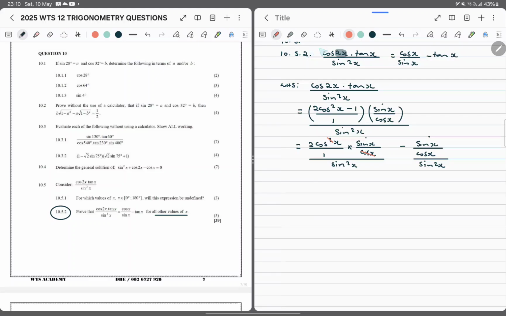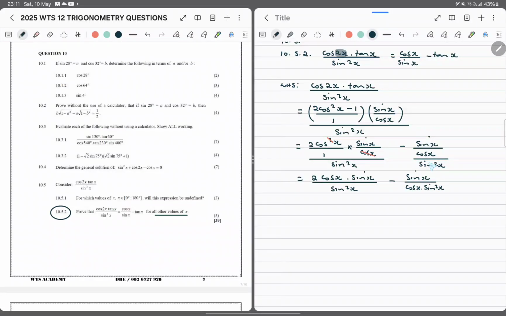Right. Okay, let's simplify this meticulously now. This is 2 cos x sine x all over sine squared x, minus sine x over cos x times sine squared x.